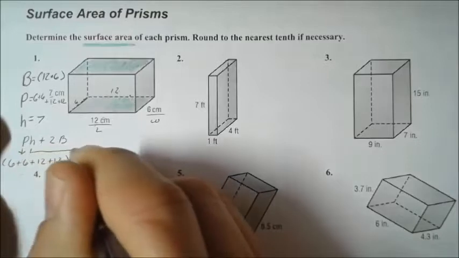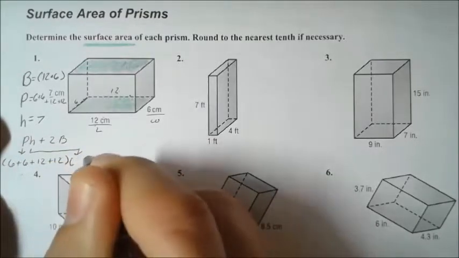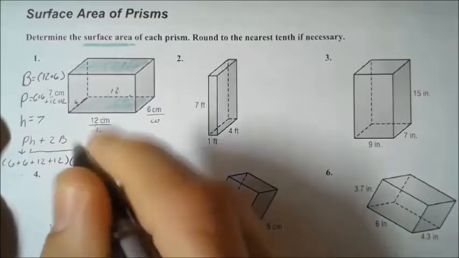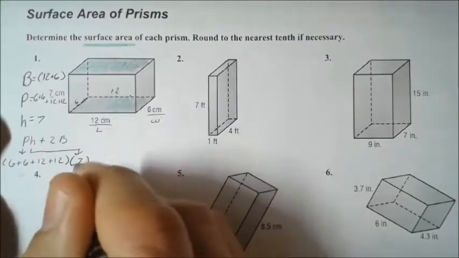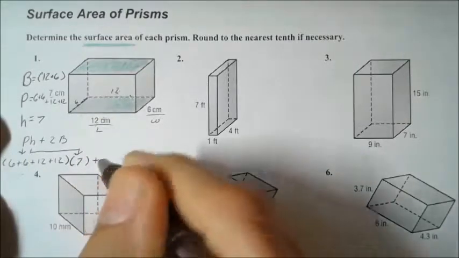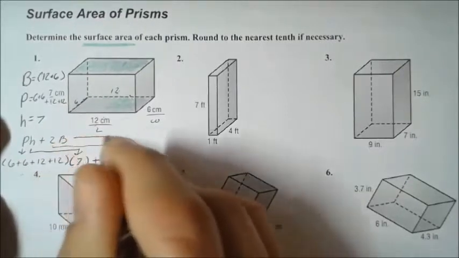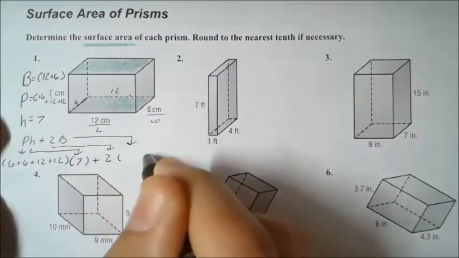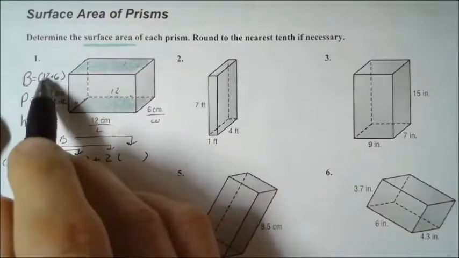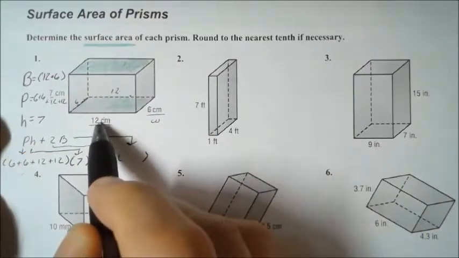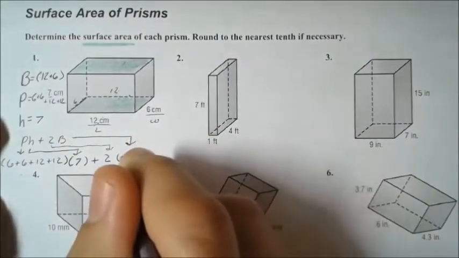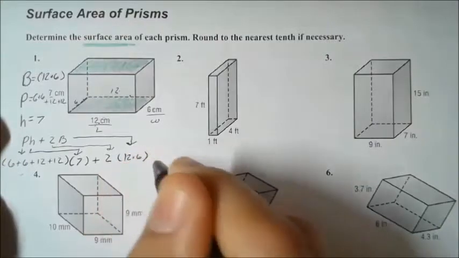Now I just need to put my H, which is my height, because we're going to multiply the perimeter of the base by the height. And that's 7. Then we're going to add 2 times the big B, which is the area of the base. The area of the base is 12 times 6, because remember we have length times width. So that's 2 times 12 times 6.